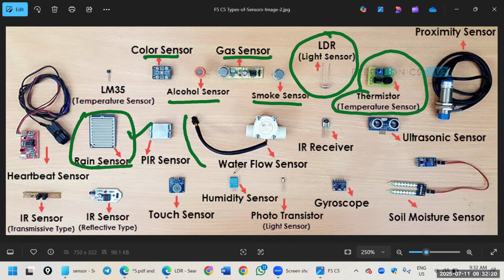Okay. Then we have the water flow sensor. For example, my mom always forgot to close the tap. So I bought a water flow sensor for her. It will ring on the handphone.